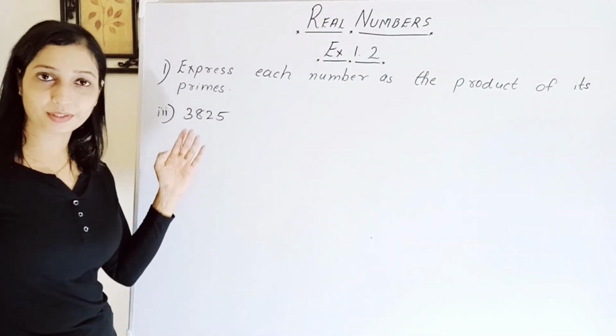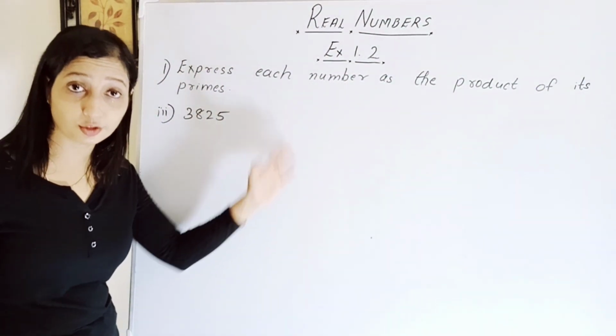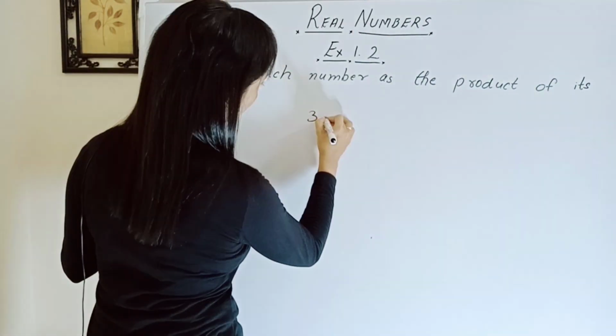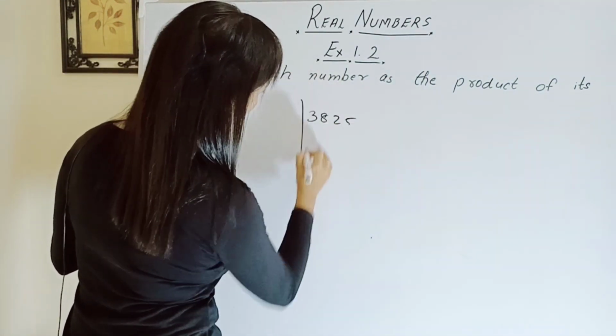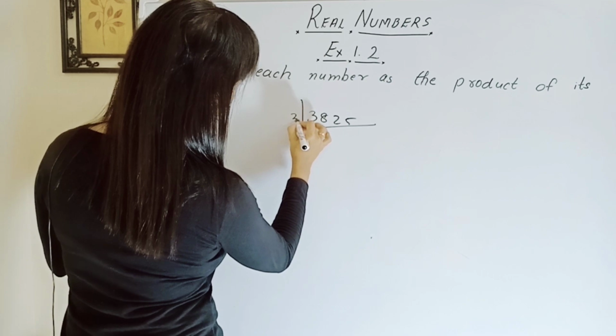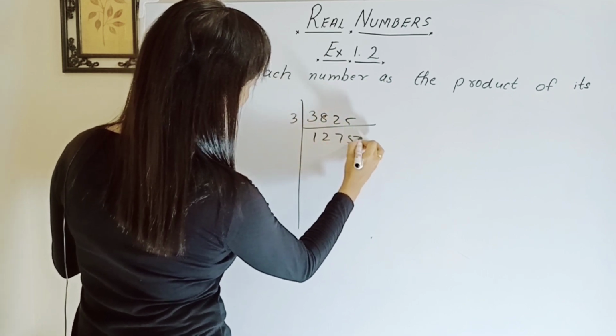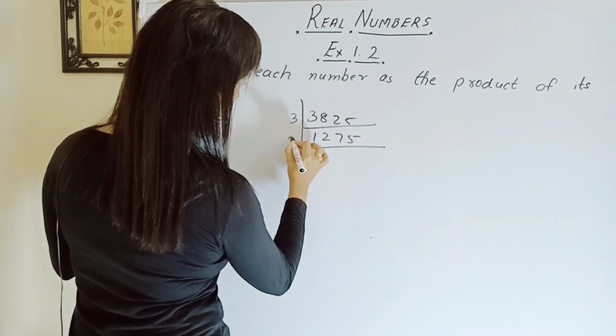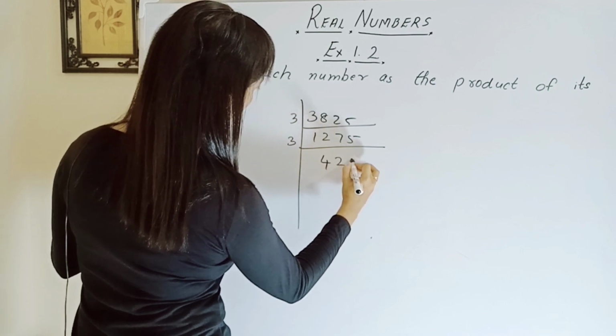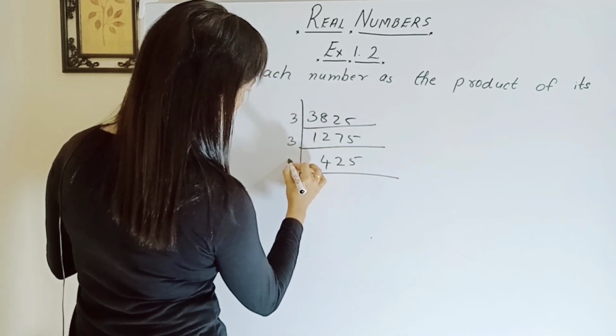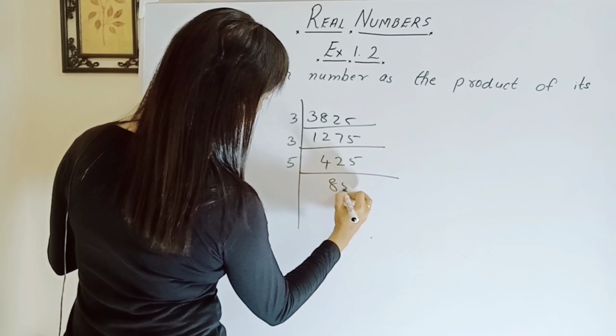Now let's move on to question number 3, which is to prime factorize 3825. 3825 divided by 3 gives 1275. Again by 3, you get 425. Again by 5, you get 85.